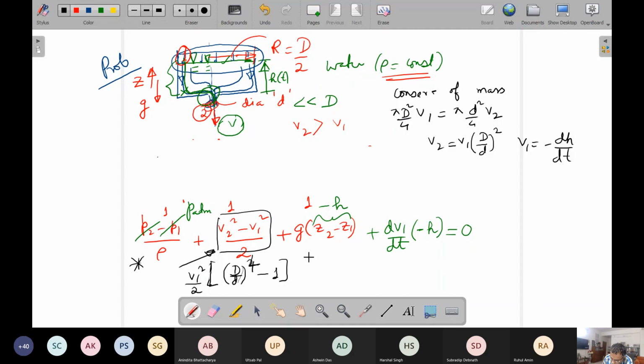So now we will write V1 square by 2 as (dH dt) square.